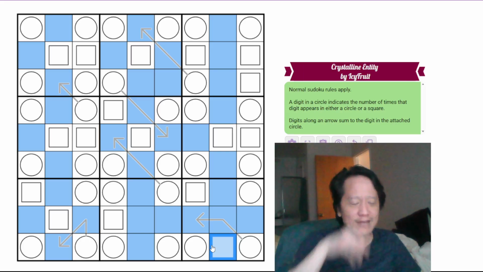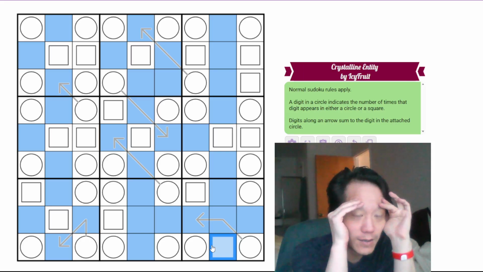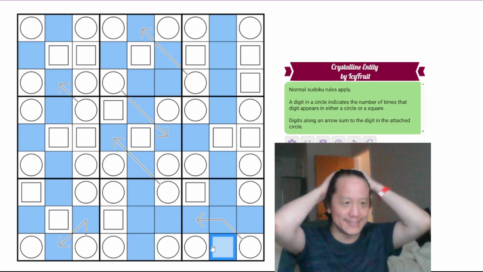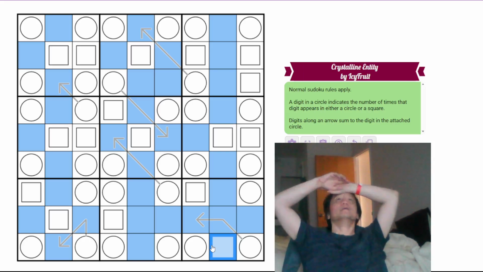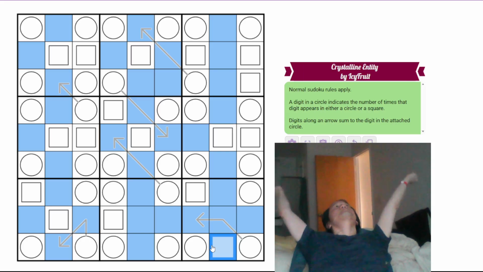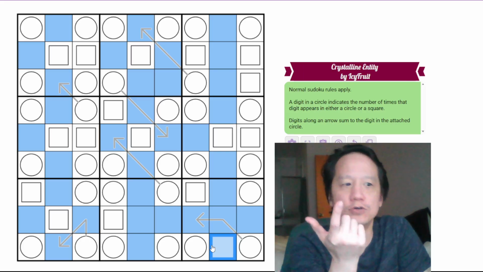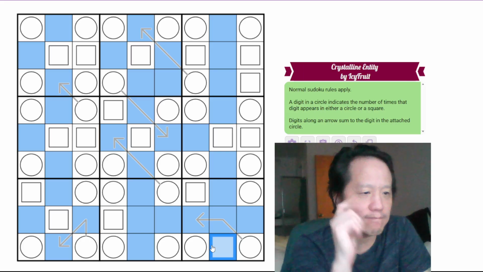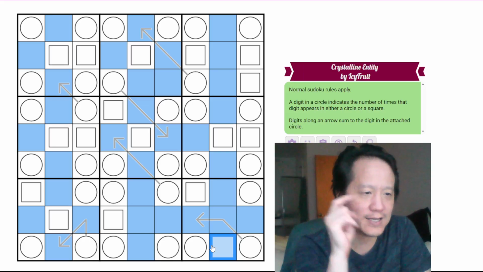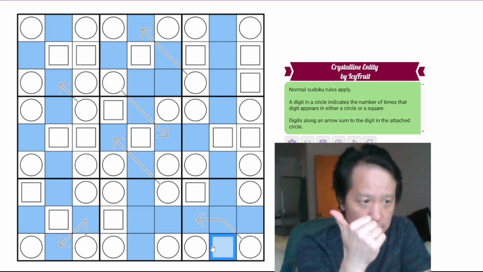But you could leave certain digits outside of circles, right? So if you leave a certain digit outside of a circle, you could have more than that digit in the squares.